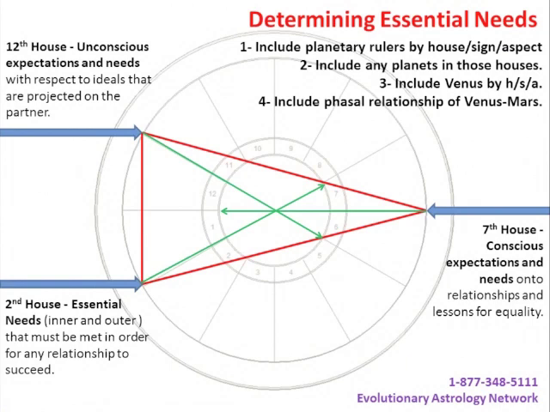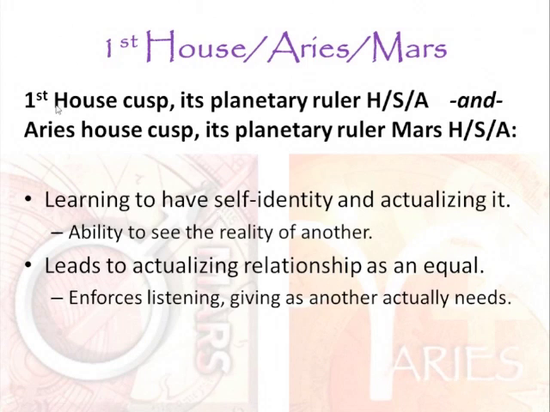Now, what has a tendency to happen when we have these conscious projections onto the relationship is polarity, first house: when our needs are not being met, when we're not listening or the other isn't listening, we get thrown back onto ourself.